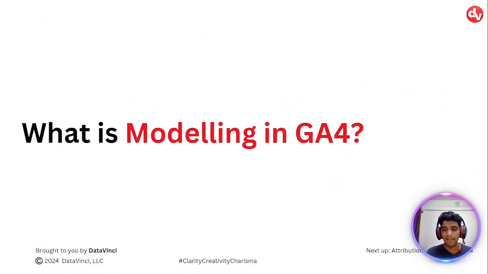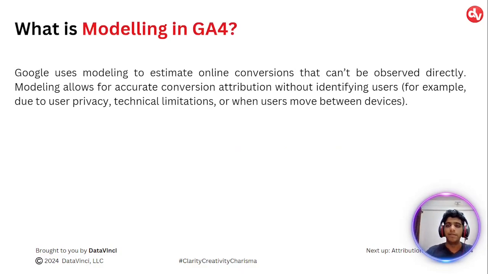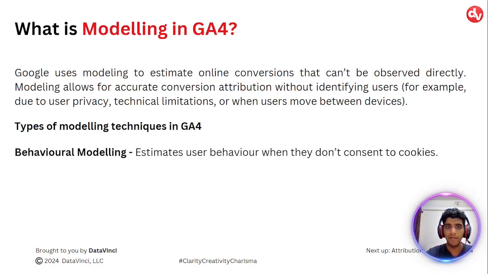Coming towards modeling in GA4. Google uses modeling to estimate the online conversions that it directly cannot observe. This could be due to user privacy, technical limitations, or the cross-device behavior of users. There are different types of modeling techniques in GA4. Number one, behavioral modeling.